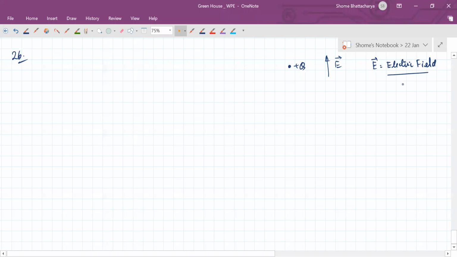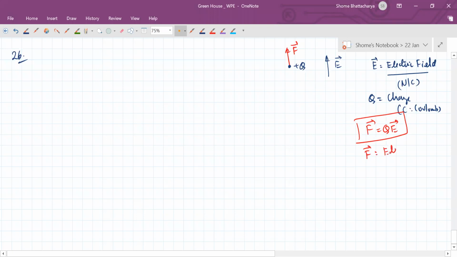It is something which is in newtons per coulomb. Okay, and Q is charge in coulombs. Then it experiences a force which is given by this relation. F is the charge of the particle multiplied by the electric field. Okay, so F is the electric force.